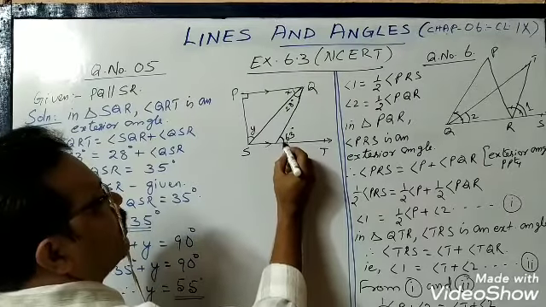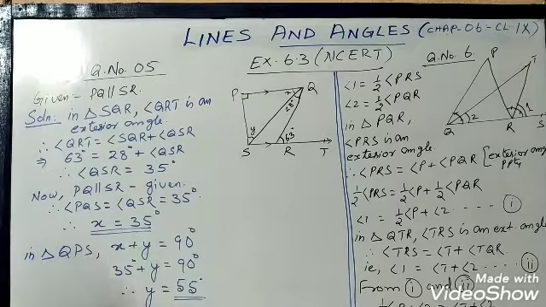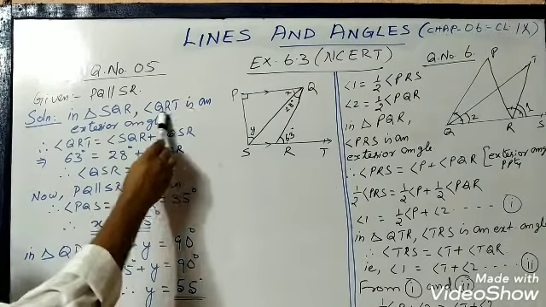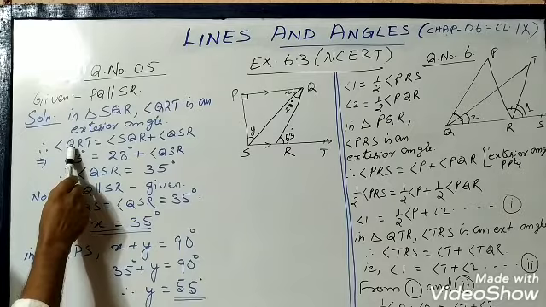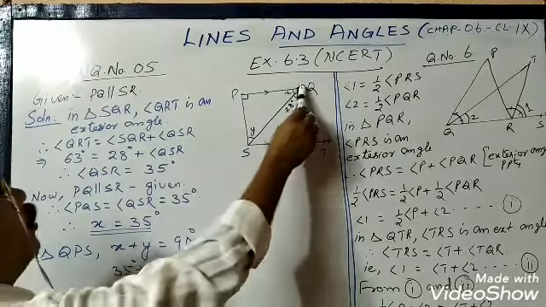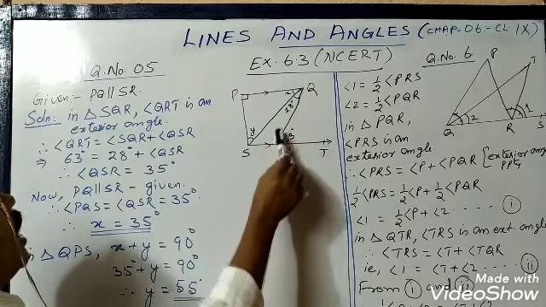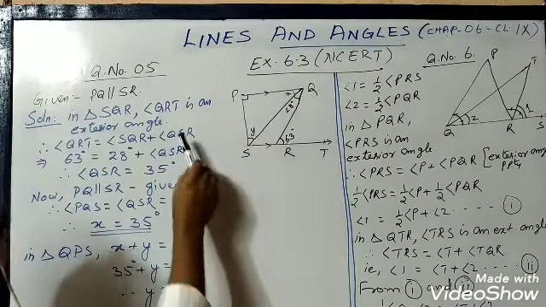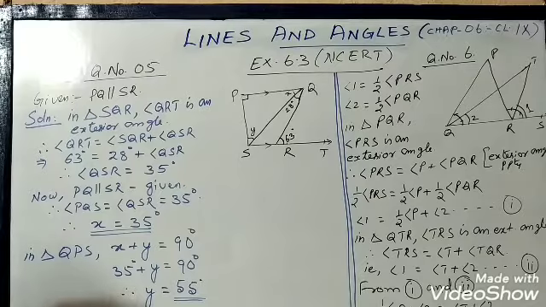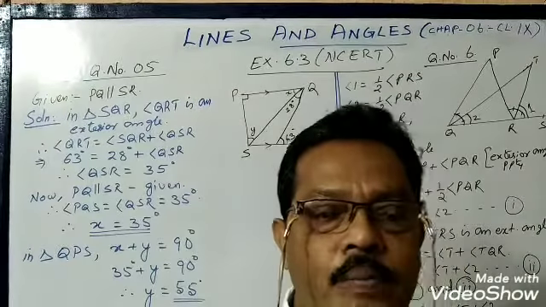Then angle QRT becomes the exterior angle. Therefore, angle QRT equals angle SQR plus angle QSR. Why? Exterior angle property: the exterior angle of a triangle is equal to the sum of its interior opposite angles.